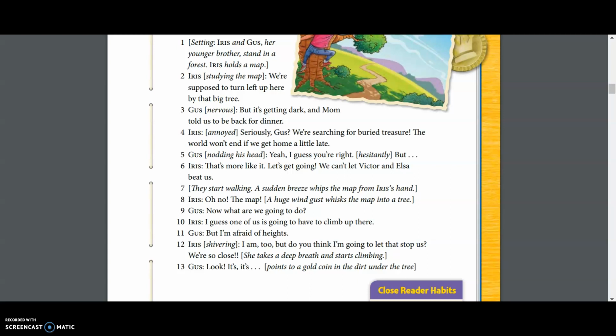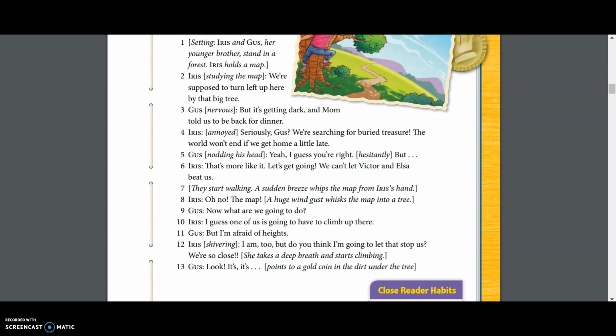Iris, annoyed: Seriously, Gus, we're searching for buried treasure. The world won't end if we get home a little late. Gus, nodding his head: Yeah, I guess you're right, hesitantly. Iris: But that's more like it. Let's get going. We can't let Victor and Elsa beat us.